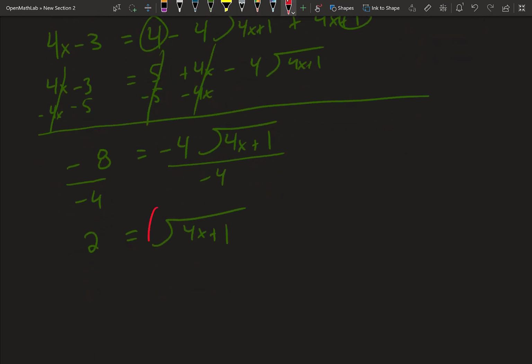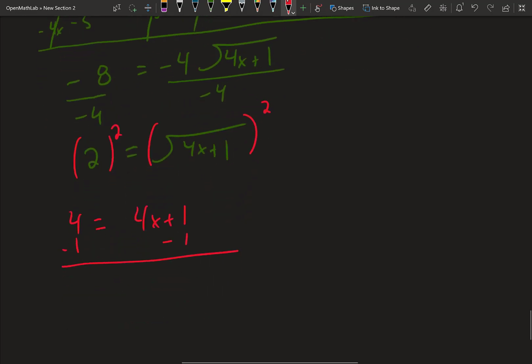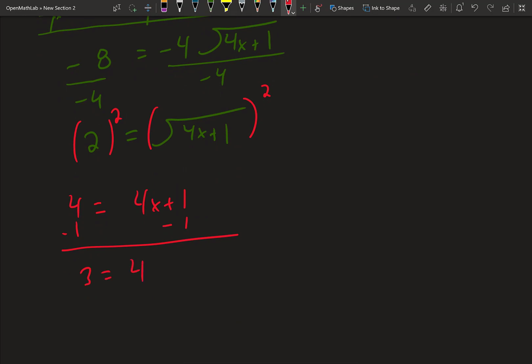So then if I square both sides, I get 4 equals 4x plus 1, right? Because the square root and the square cancel. So then I could subtract 1 from both sides, and I get 3 equals 4x, and then divide both sides by 4, and I get x equals 3/4.